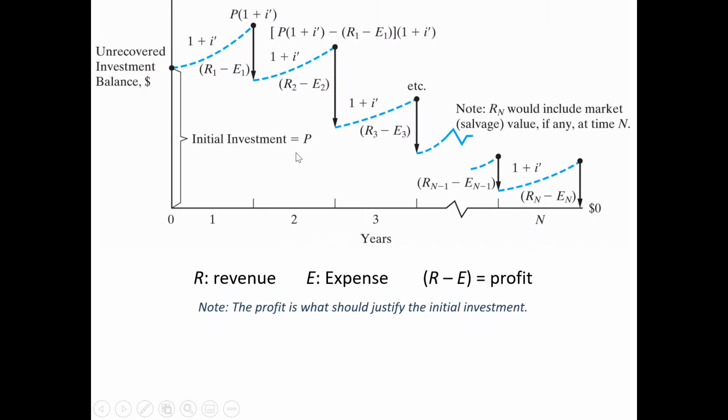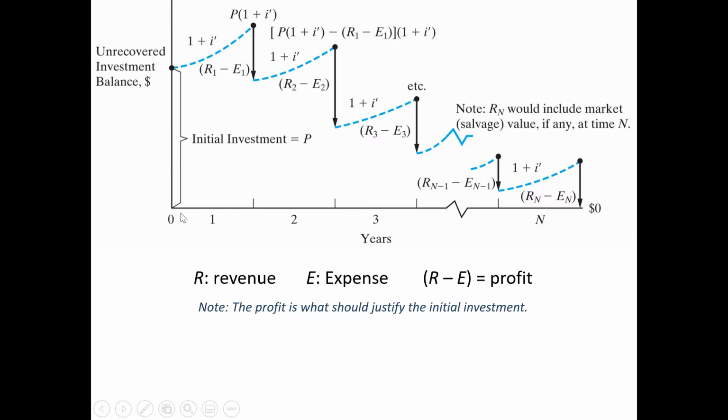Okay, so that $85,000, the vertical axis of this figure, is the unrecovered investment balance. Even though we spent some money and it's money we haven't got back yet, we'd usually draw an outflow of money down with the traditional cash flow diagrams that we've depicted so far this semester. But this is a special graph. This isn't just a normal cash flow diagram, so we're drawing it up even though it's an outflow, unrecovered investment balance.